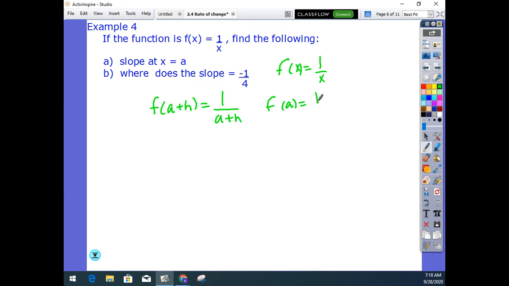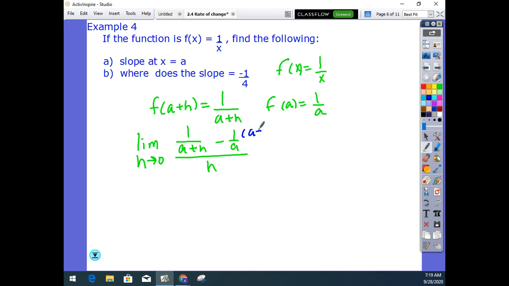F of a is 1 over a. Now, you're going to get annoyed, but every single time you do this, you're going to write the limit as h approaches 0 every single time. F of a plus h is 1 over a plus h minus f of a all over h. Okay. Now we need to get a common denominator.